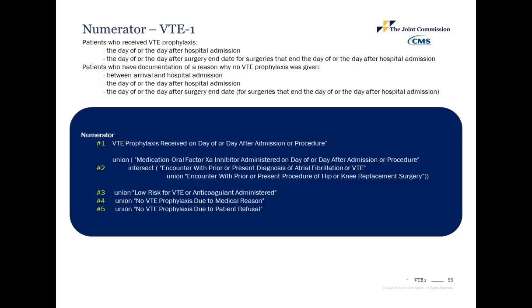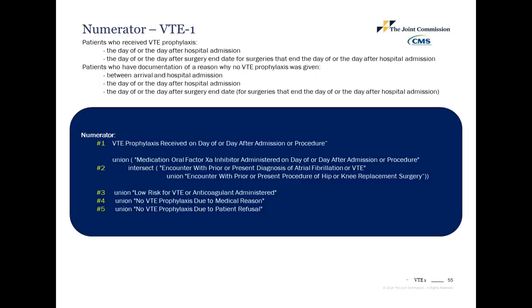So to make this easier to understand, we've broken the definitions out into 5 conditions for the numerator population. At a high level, the first condition is looking for patients who received VTE prophylaxis the day of or day after admission or procedure.